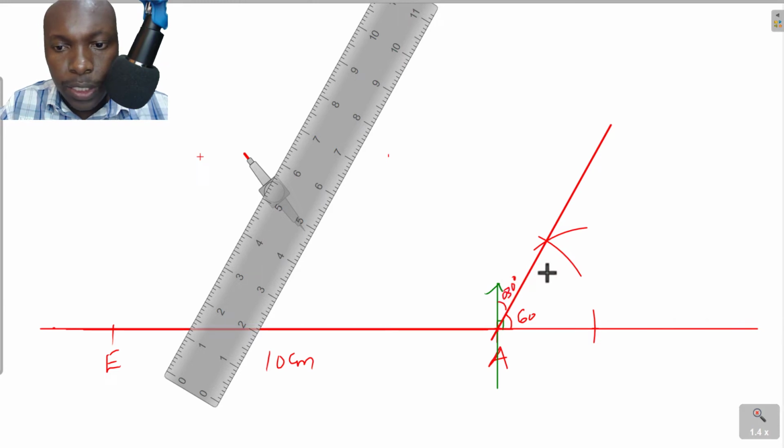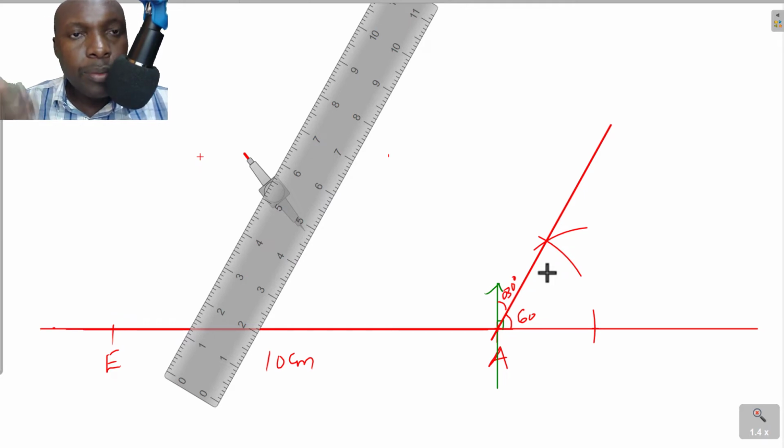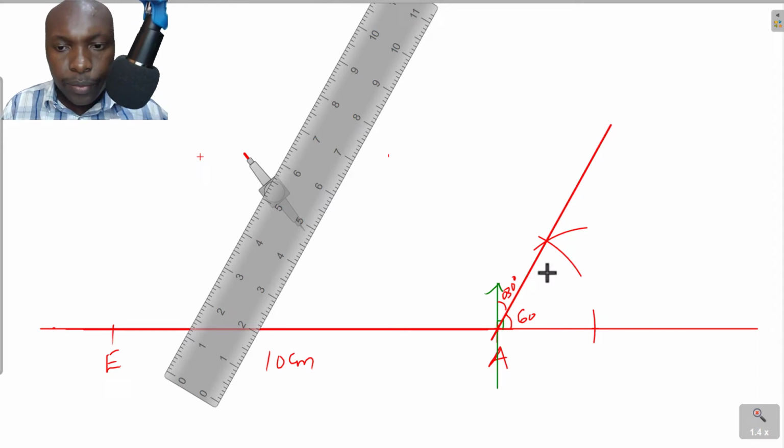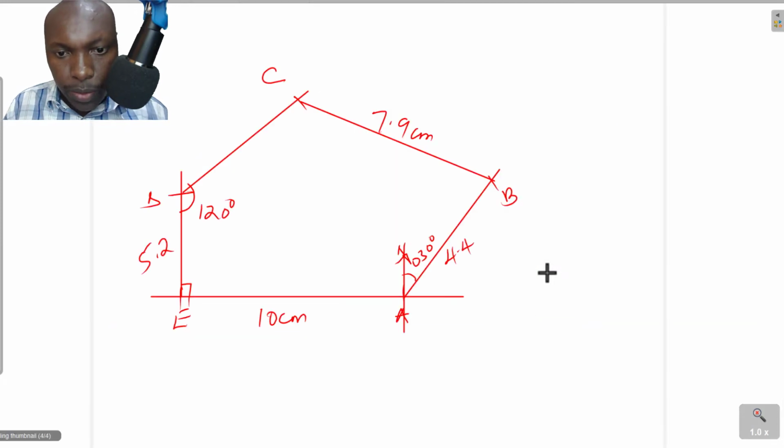And that is what we need. By constructing 60 degrees on that side, you remain with 30, and now we have obtained 30 from the construction of 60 degrees.